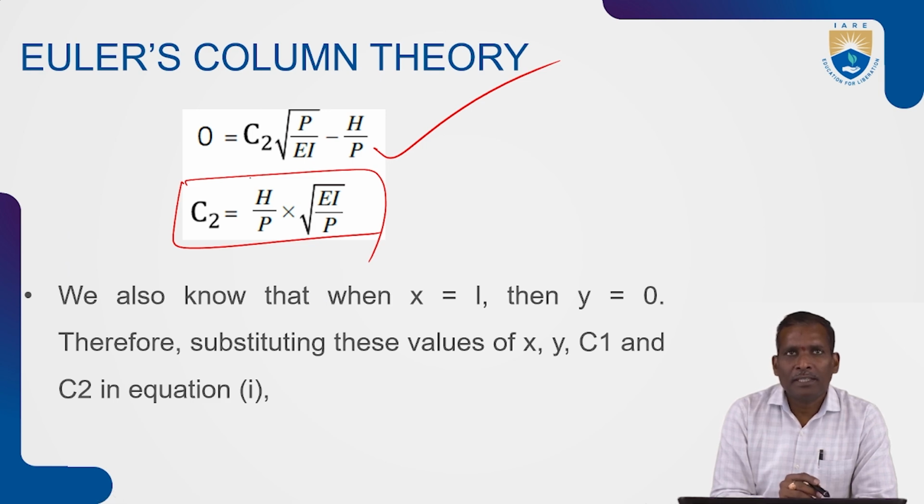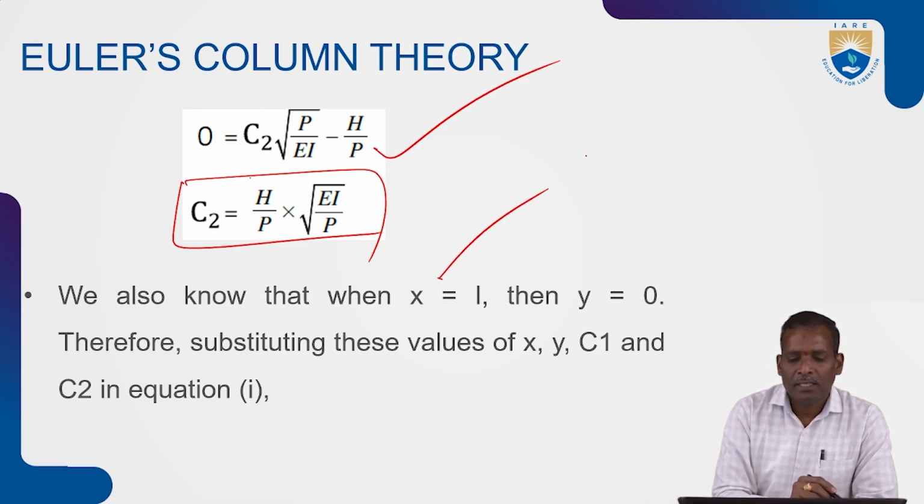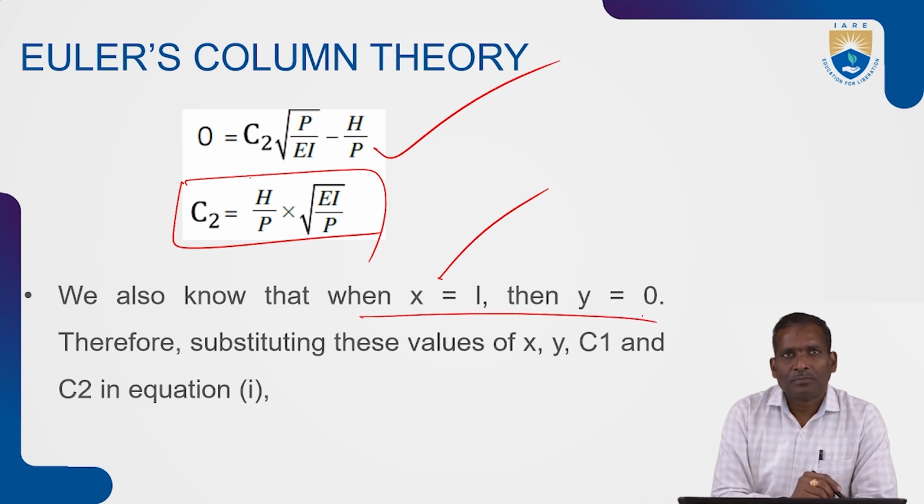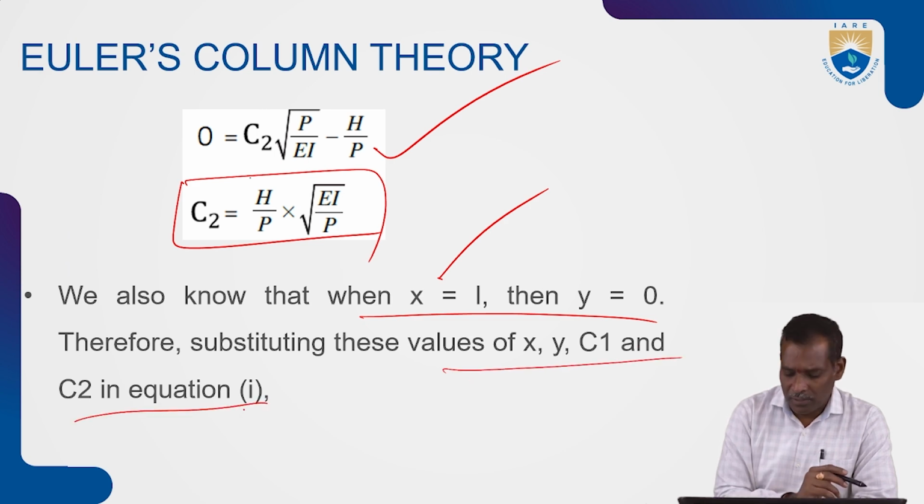So we also know that when x is equal to L and y is equal to 0. Therefore, substituting these values x, y, and c1 and c2 in equation 1.